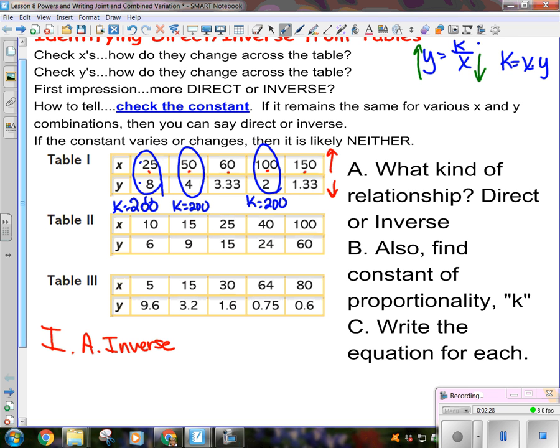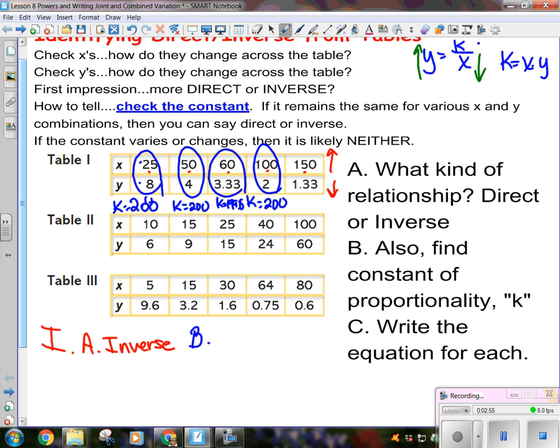Would you grab your calculator and do 60 times 3.33? What'd you get for 60 times 3.33? Okay, 199.8. And guys, that's because they've rounded off the fraction. So we're going to say that's still good enough to be 200 as my constant. In other words, this is pretty consistent across the numbers, that the constant stays the same.